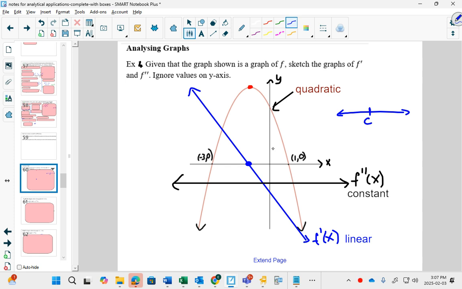I also know that my original graph goes up and then goes down. So if it's going up and then going down, is it f here? Yeah, f prime. That means in f prime, I would have had positive, then negative.